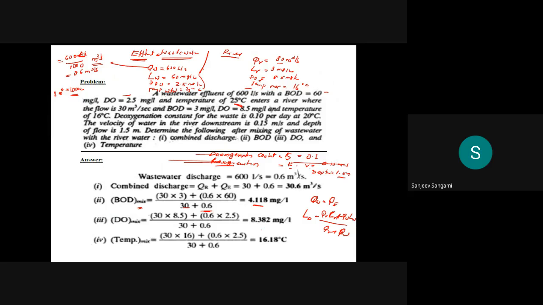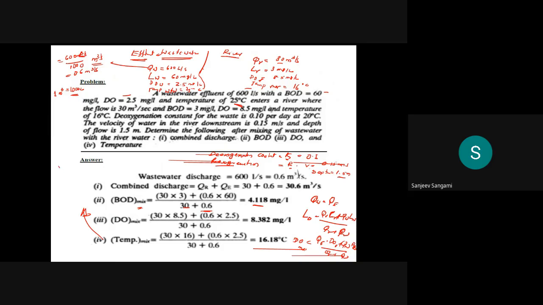So similarly for DO mix also, in place of LR we have to use the DO. So DO of mix, I have to use QR into DO of the river plus QW into DO of wastewater, divided by QR plus QW. Similarly, for temperature also, you have to use the same formula.